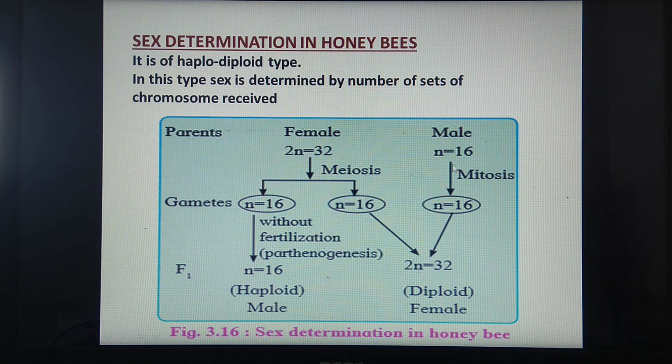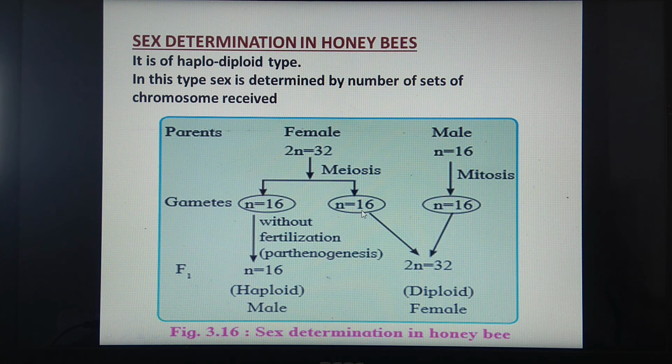Males are already haploid. So as they are already haploid, in order to maintain the number of chromosomes in the developing individual after fertilization, for gamete formation it undergoes mitosis only. So remember, in case of honeybees, during gamete formation, males undergo mitosis, and that's why the number of chromosomes remains the same, that is 16 in case of sperm. So what happens during fertilization?